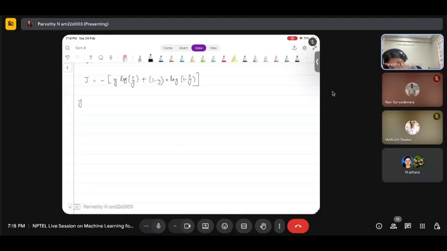When y is equal to 0 and y hat is equal to 1, in the lecture video, the discussion is mainly about the characteristics of a cost function, to explain how to choose one.